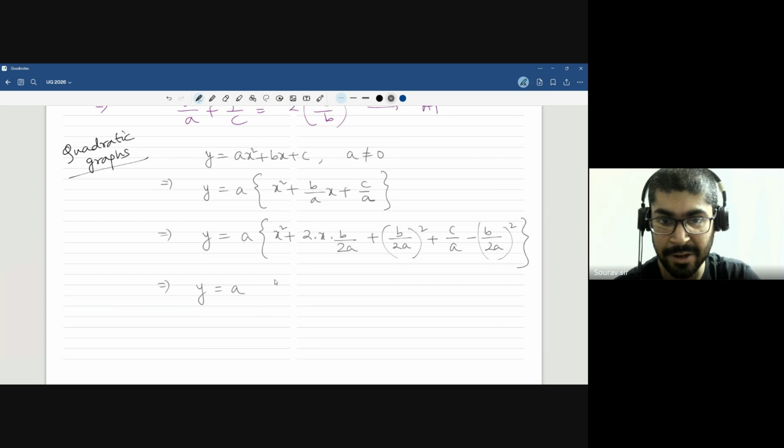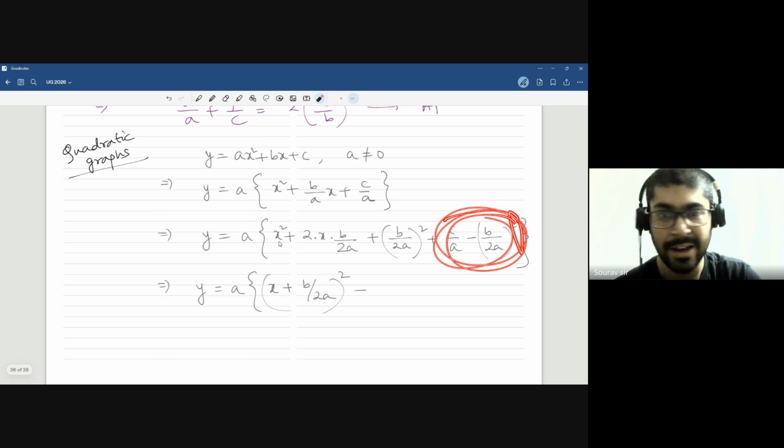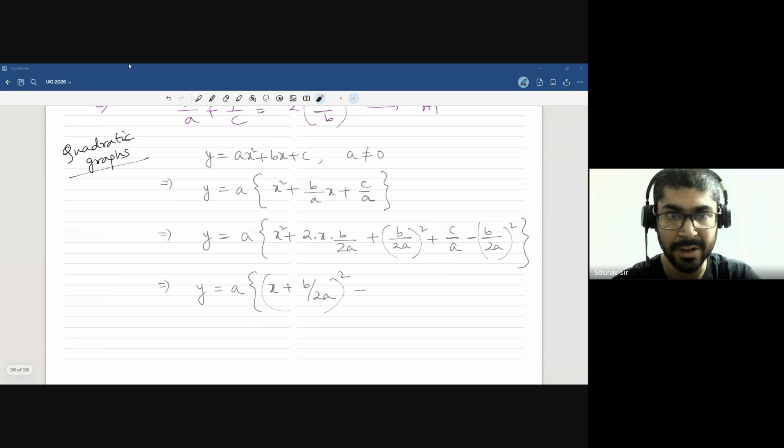So y will be equal to a into x plus b by 2a whole square. What will be the term after? Basically, I want you to simplify this term and tell me what you get here. Take the LCM. This is simple algebra. Don't get stuck here.